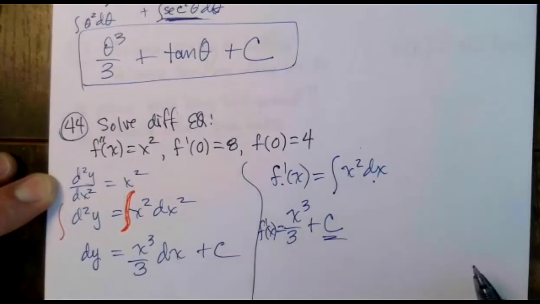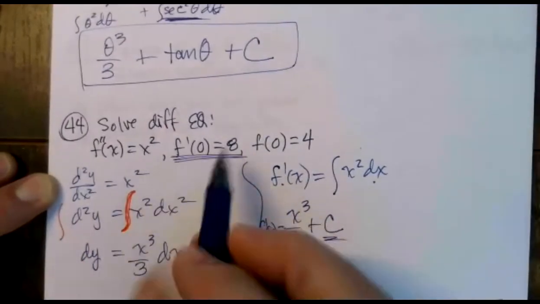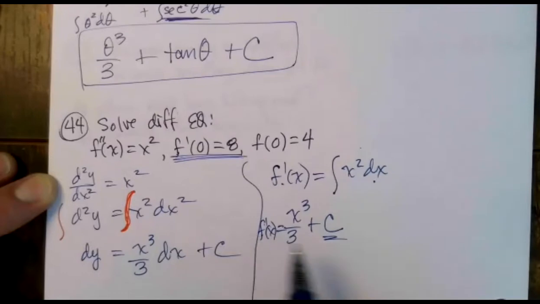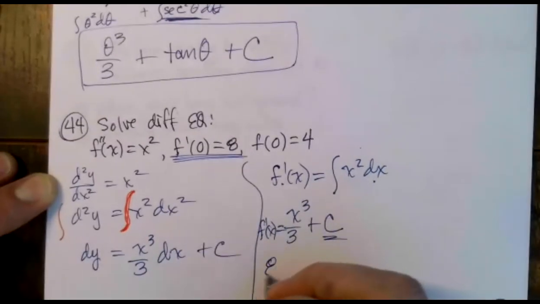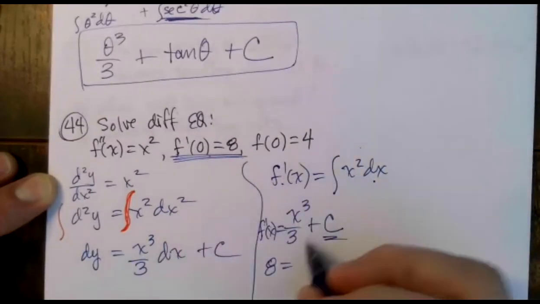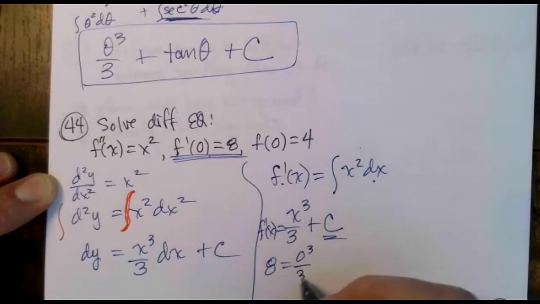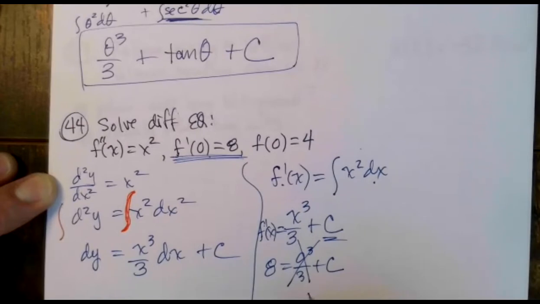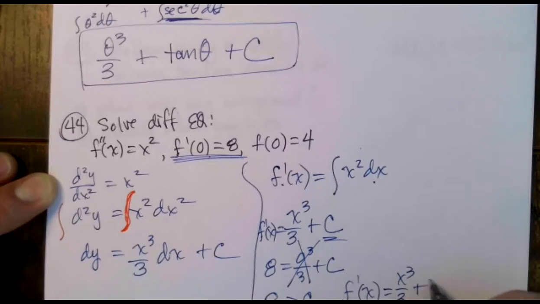Now, to get this c, I'm going to use this. This says f prime, and this is f prime, so f prime of 0 is 8. So 8 equals, I'm going to plug in 0. Well, that's cool. That's gone. Love that. Beautiful. I love 0. So f prime equals x cubed over 3 plus 8.